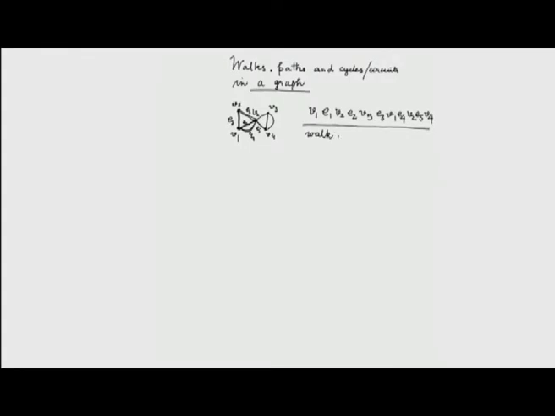The question is whether in a walk a vertex can be repeated. The answer is yes, a vertex can be repeated, like we see that V1 is repeated twice over here and V2 is also repeated. Now, another question is can an edge be repeated?